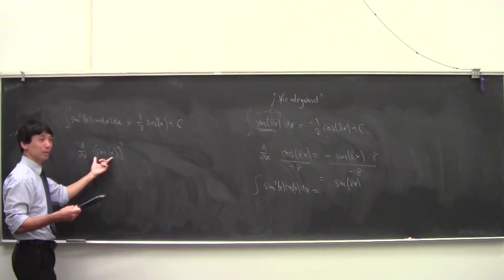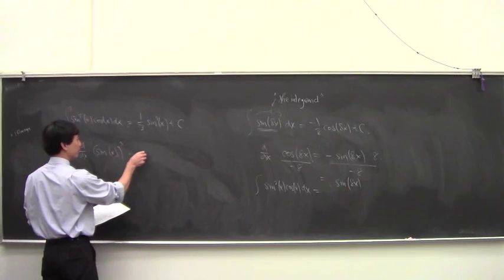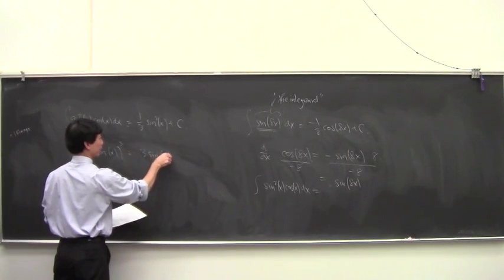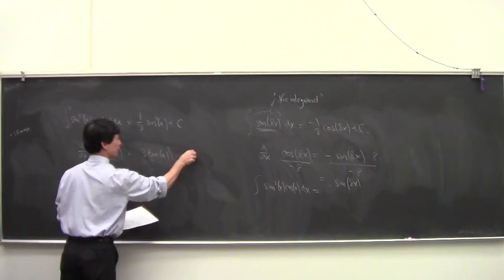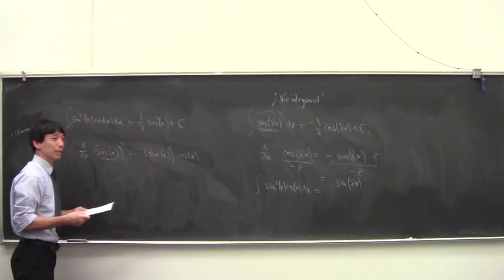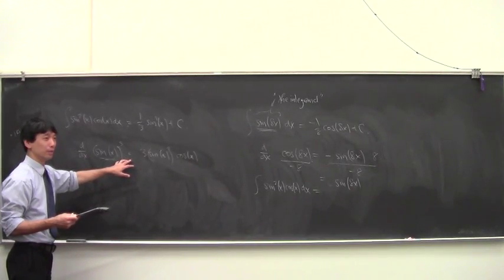It's 3 sine x squared times the derivative of the inside, cosine x, by the chain rule.